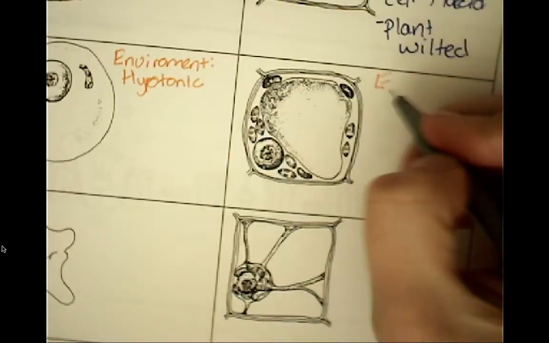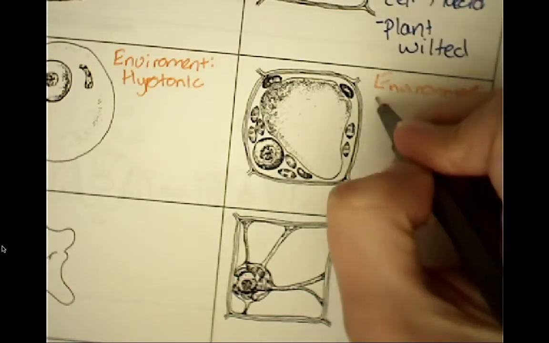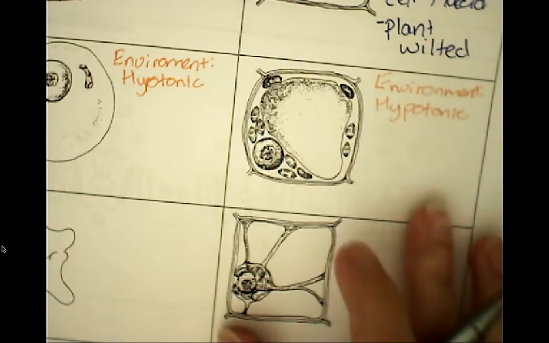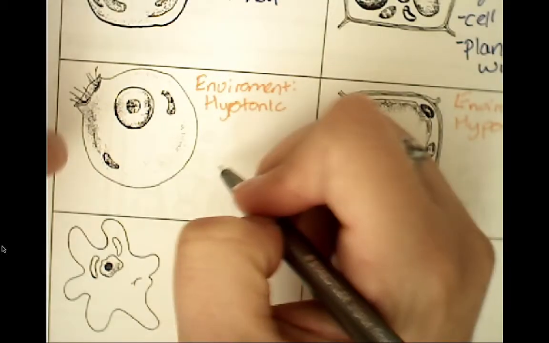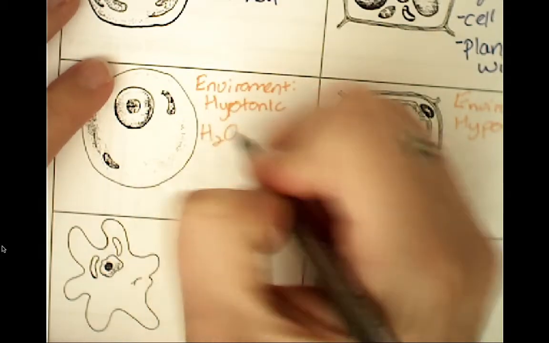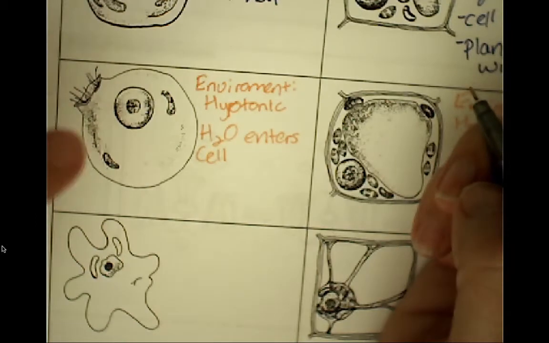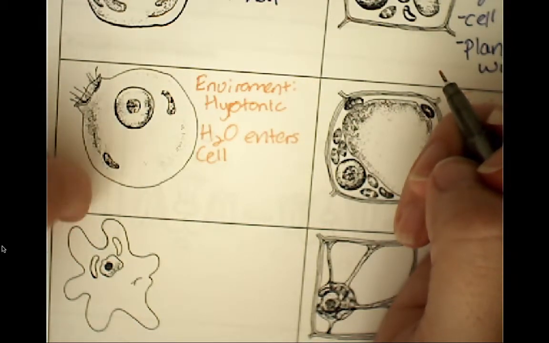We have an environment that is hypotonic. So what happens is the solution is lower in solute concentration. So water goes rushing into the cell. Water enters the cell because there's more solute inside the cell than outside the cell. So water goes rushing in.